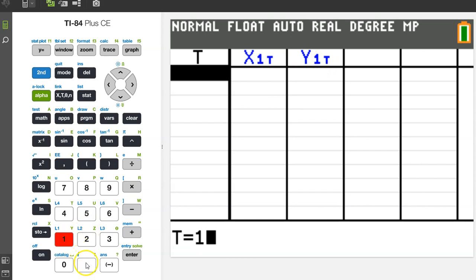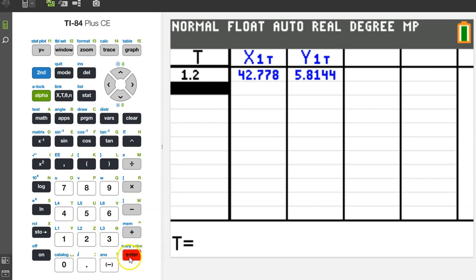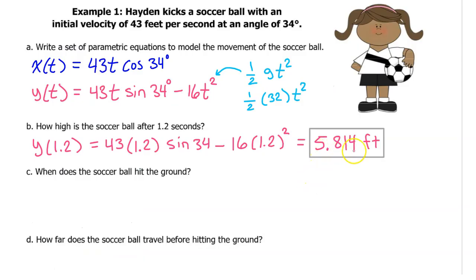So we wanted to see what happens when t is 1.2, so type that in and hit enter. So this is the horizontal position at 1.2 seconds, and this is the vertical position that we were asked to find. So 5.814. Let's always use 3 decimal places, and please do not forget your units. Very important.